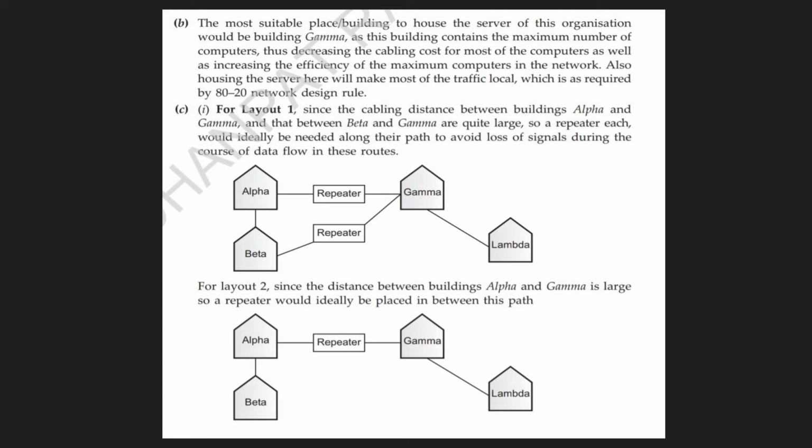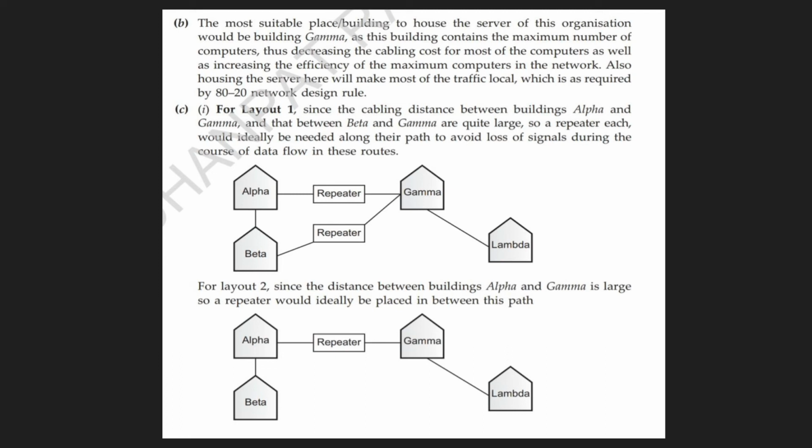Now the third question. It was asking about placement of the repeater. In the first layout, we have to place repeaters between alpha and gamma, and between beta and gamma. What we have to think is what a repeater can do. A repeater can amplify the signal.